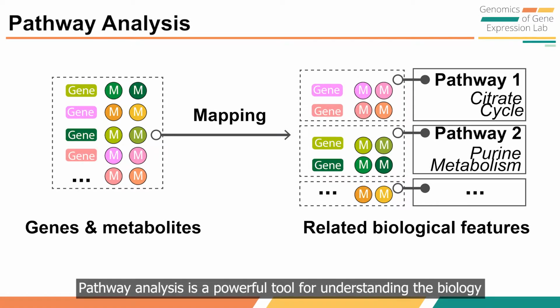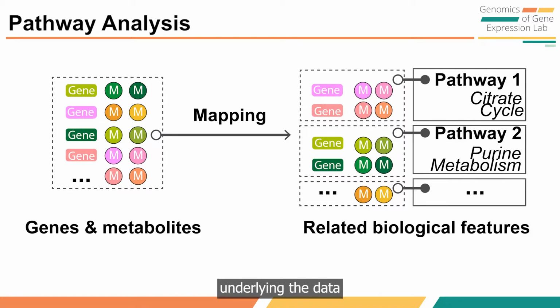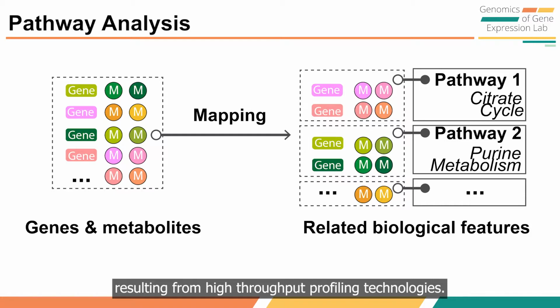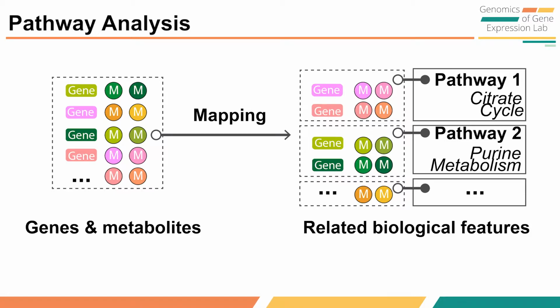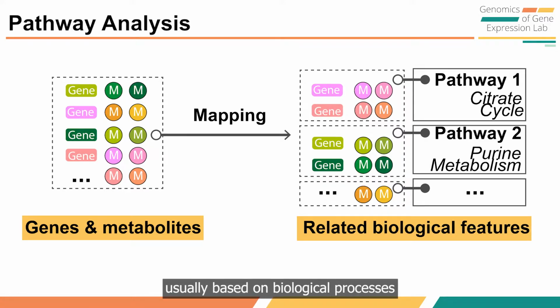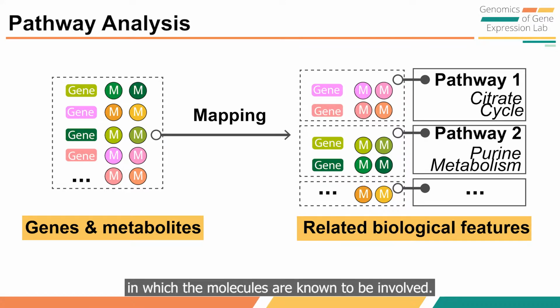Pathway analysis is a powerful tool for understanding the biology underlying the data contained in large lists of differentially expressed genes, metabolites, and proteins resulting from high-throughput profiling technologies. The central idea of this approach is to group these long lists of individual features into smaller sets, usually based on biological processes in which the molecules are known to be involved.